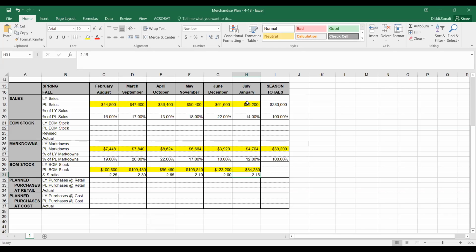I need everyone to finish before we go to the next step, which is doing our EOM stock. So to get your planned EOM stock, remember we said the beginning of month for the following month is going to be the end of month for the previous month.